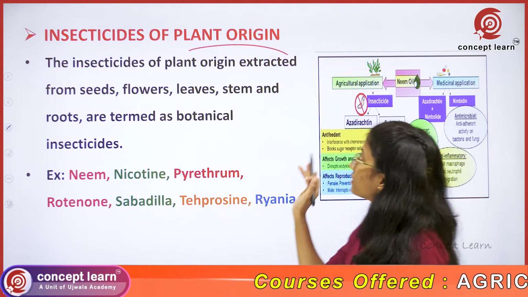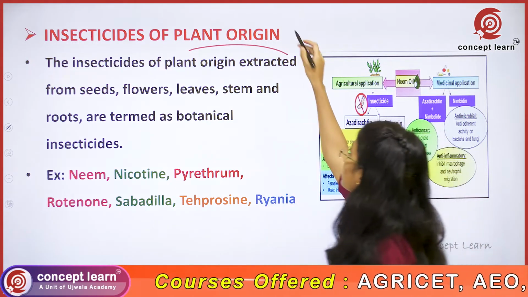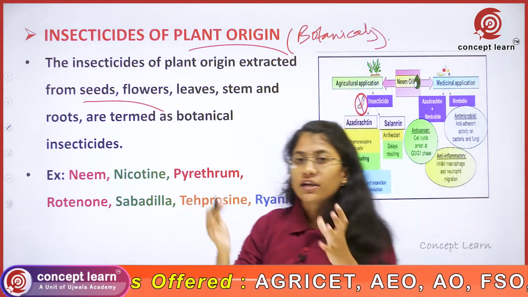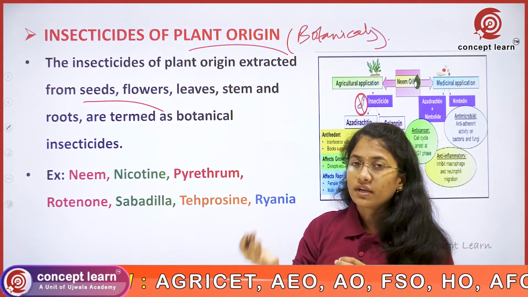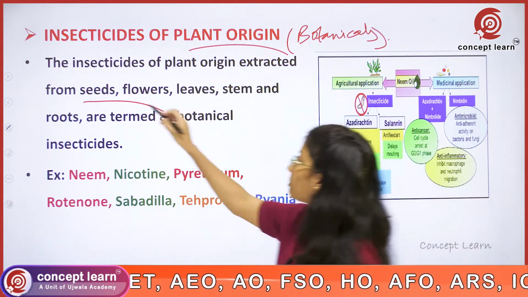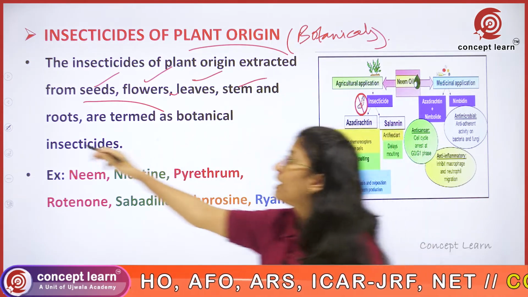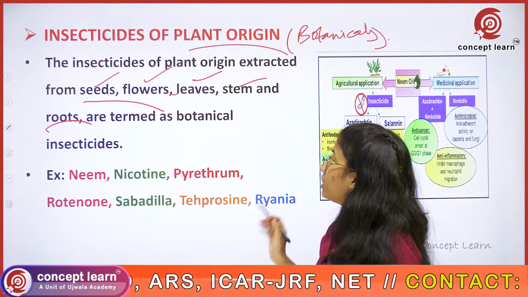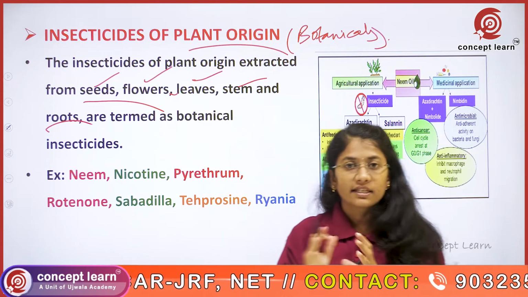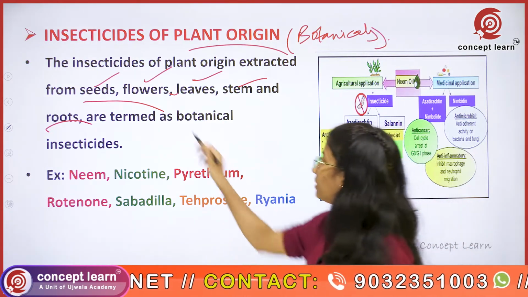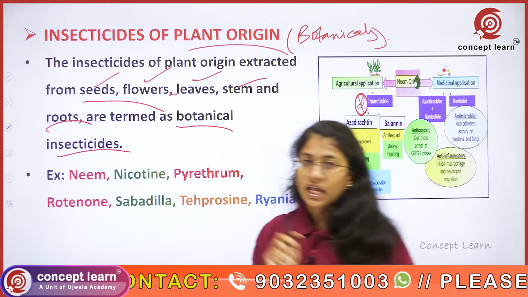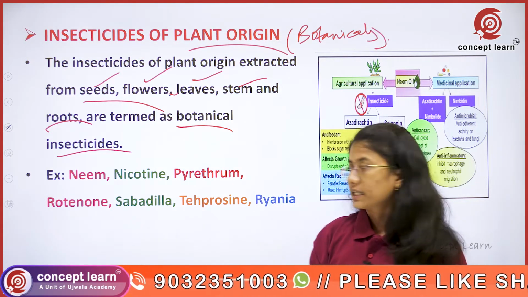First, consider the plant origin, that is the botanicals. Plant origin means they can be extracted from any part of the plant, like the seed, the flowers, the leaves, stem and even the roots. As these are extracted from different parts of the plant, these are known as the botanical or plant origin insecticides.